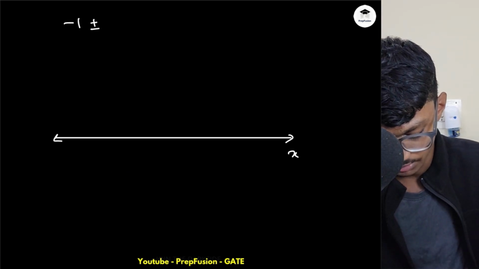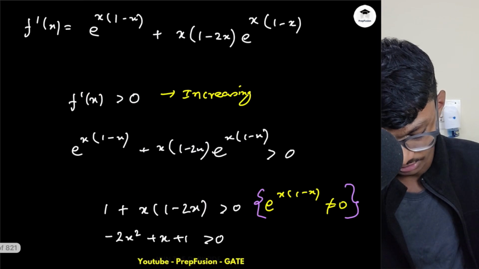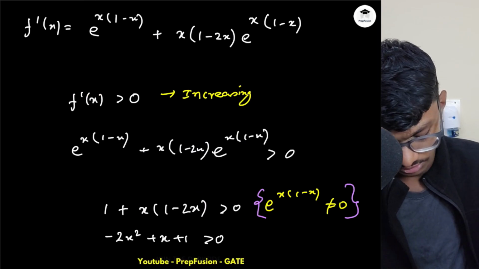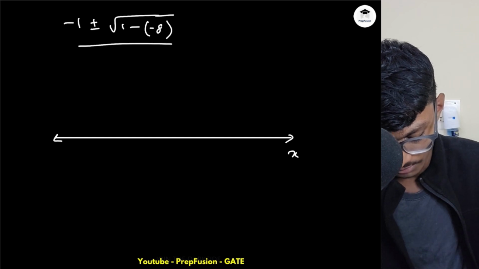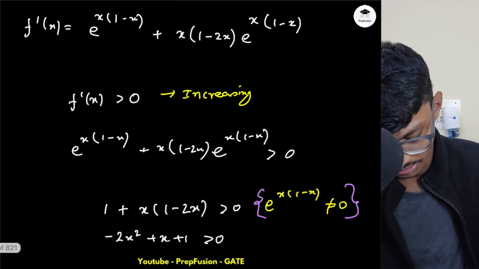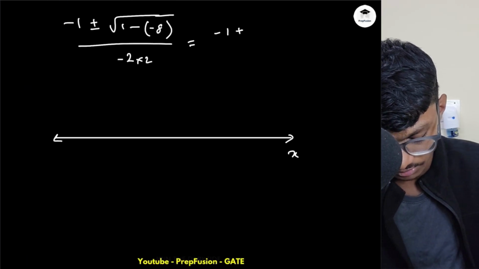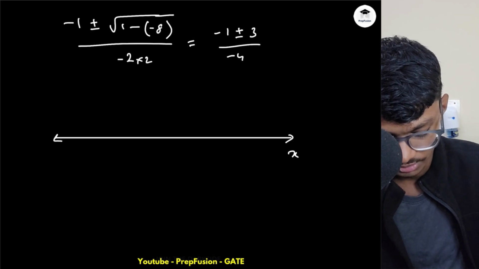Minus 1 plus minus under root b square minus 4ac, and this is minus minus plus, so this will become minus 1 plus minus under root 9, which is 3, divided by minus 4.